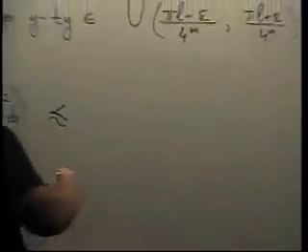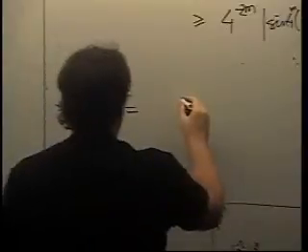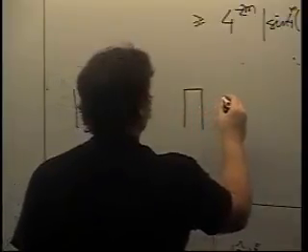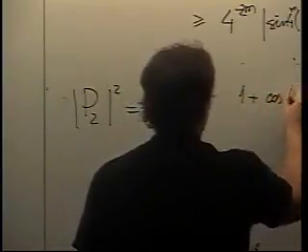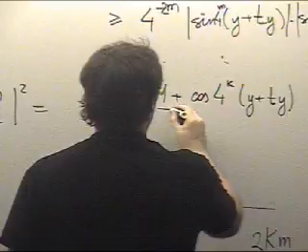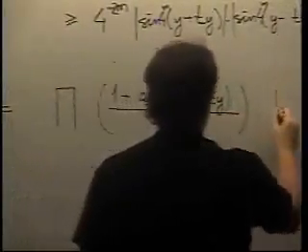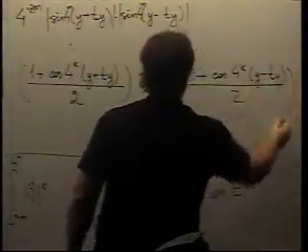So actually p2 squared is the product of 1 plus cosine 4 to the power k (y plus ty) divided by 2, times the product of 1 plus cosine 4 to the power k (y minus ty) divided by 2.